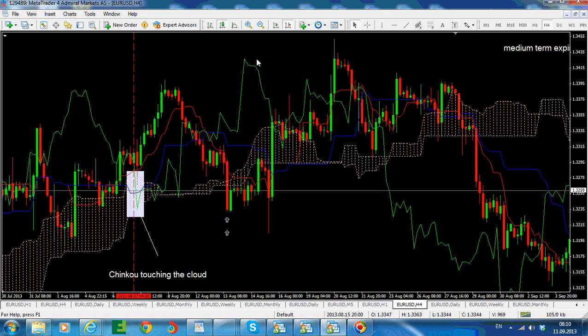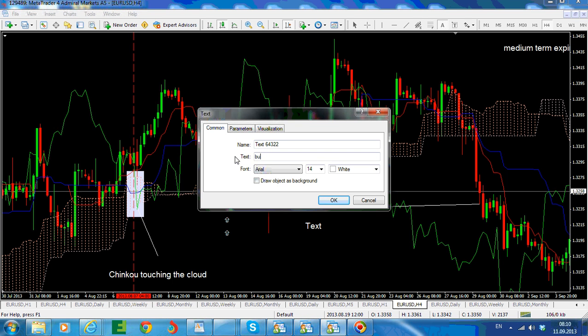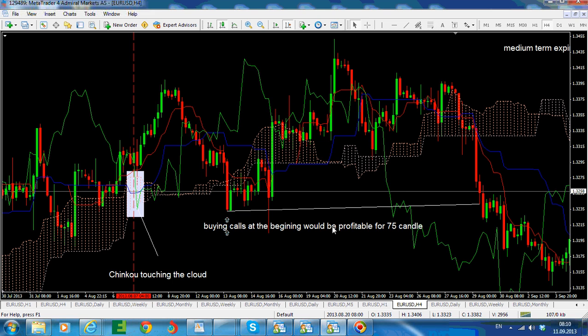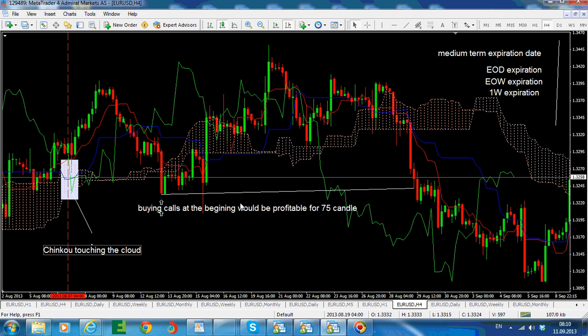So for this whole period here, 75 candles, the buying calls placed at the beginning would be profitable for 75 periods, or candles in this case. Now you multiply 75 by 4 and you will see that we had quite a nice profitable area here.